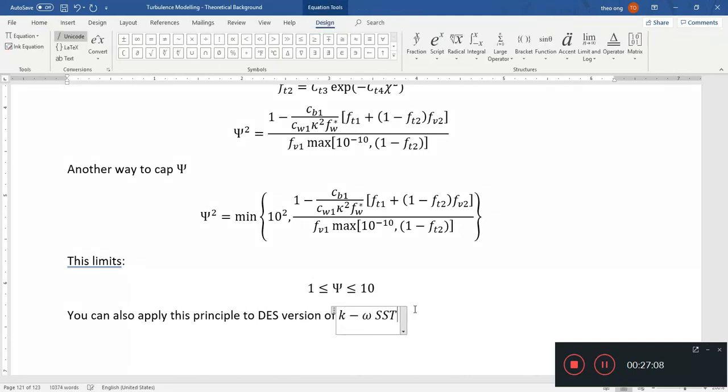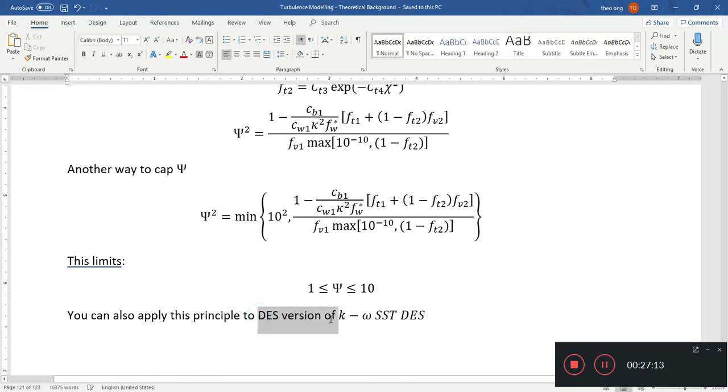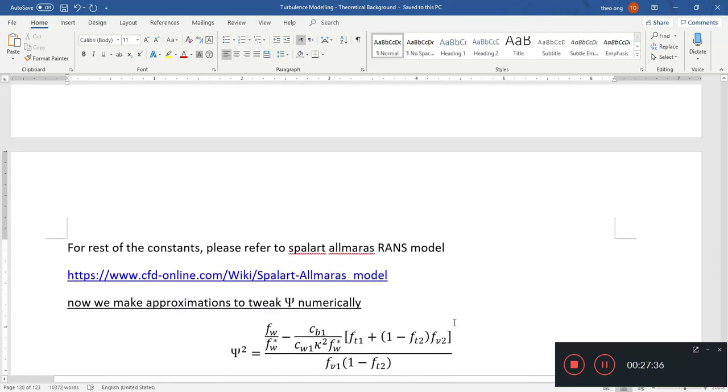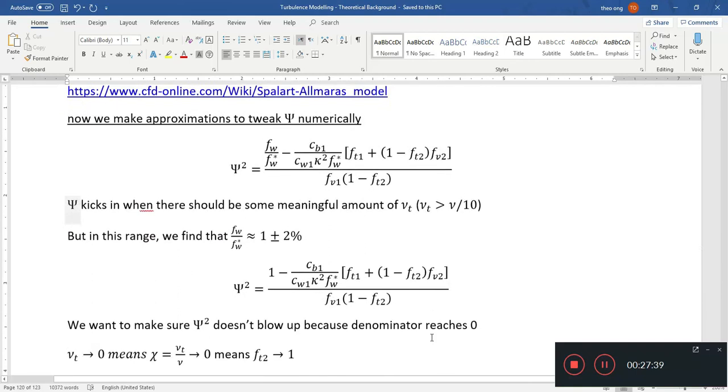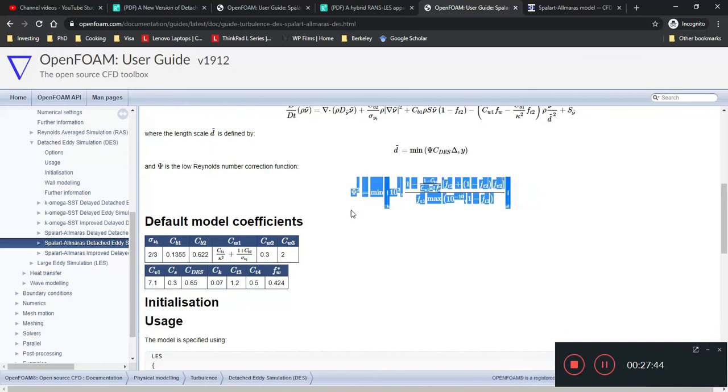You will basically have the same principles going on here, but I'm not going to discuss that too much here. I'm going to stop here and say this is basically the low Reynolds number correction for the Spalart Allmaras DES model. This is why you will see, for example, in the OpenFOAM user guide, this low Reynolds number correction here. So this is what this function is here for.